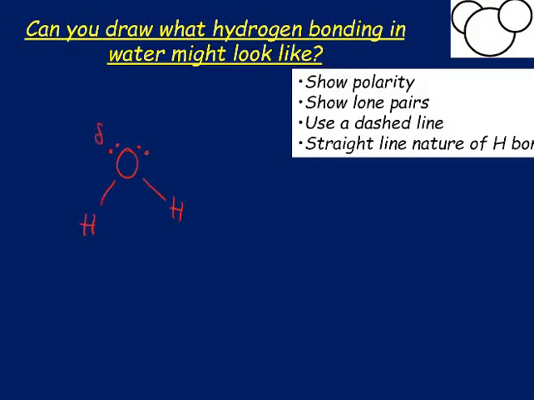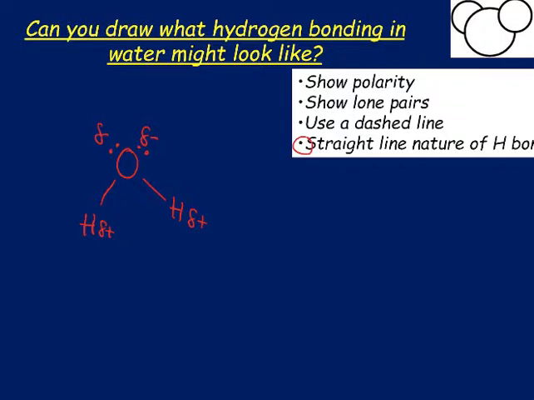You have to draw in the polarity, so you show the delta negatives and the delta positives. And you're going to use a dashed line to show the hydrogen bond, and this part here, the straight line nature of the hydrogen bond.